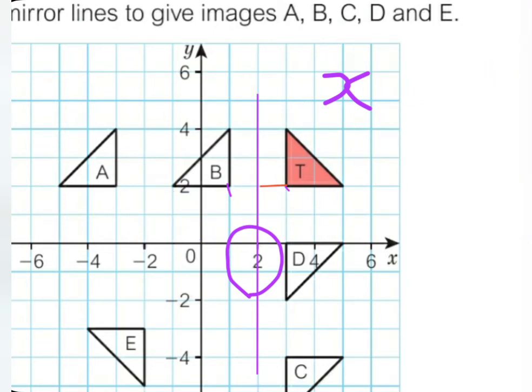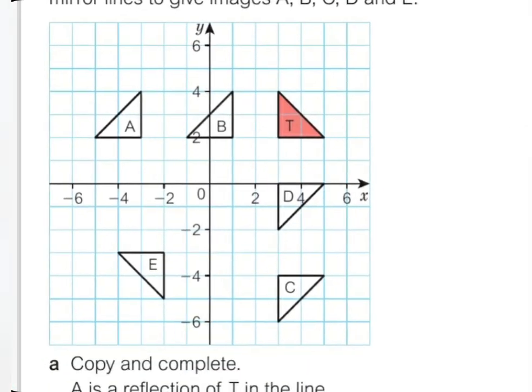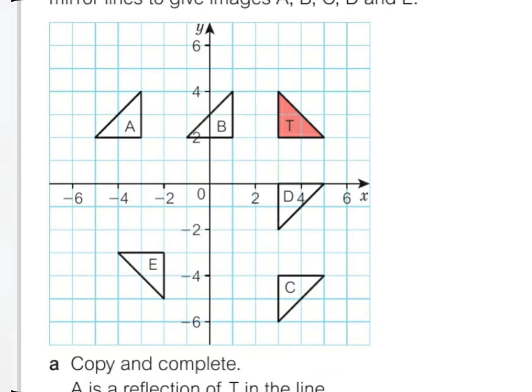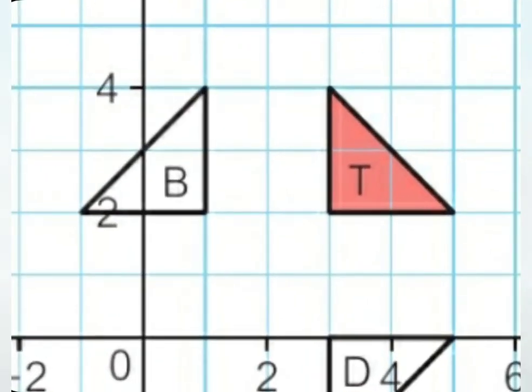Now, let me show you a hard part of this question: describing the line between the shape T and the image E. This is not easy, but it's not hard if you understand it. Now, let me show you how to answer this question. We use the same steps. We find the corresponding points.